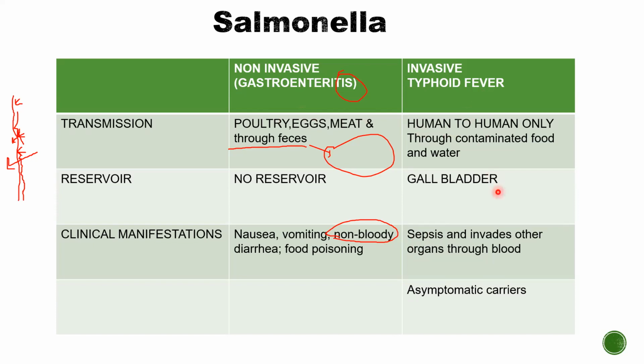Okay. And one more thing, do you guys know what reservoir means? Okay, I'm guessing no. So reservoir means that the organism chooses a place in the body and just sits there and multiplies.